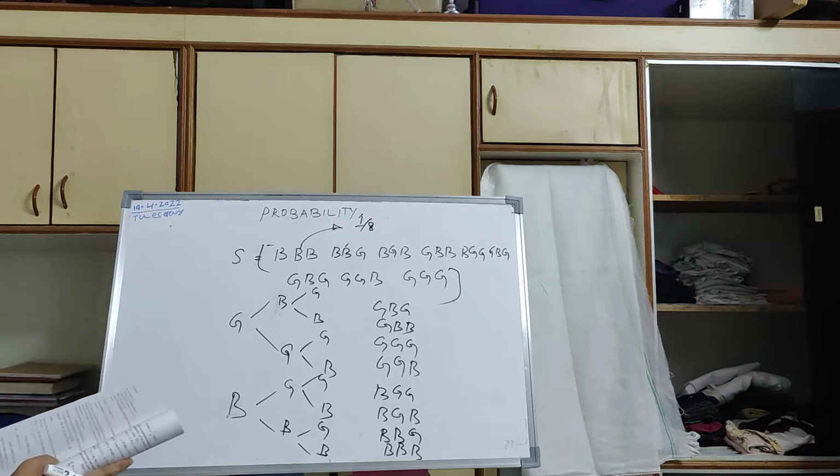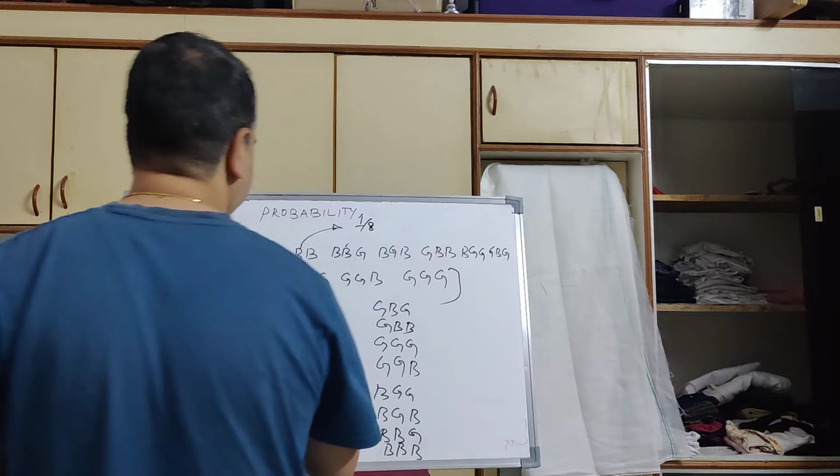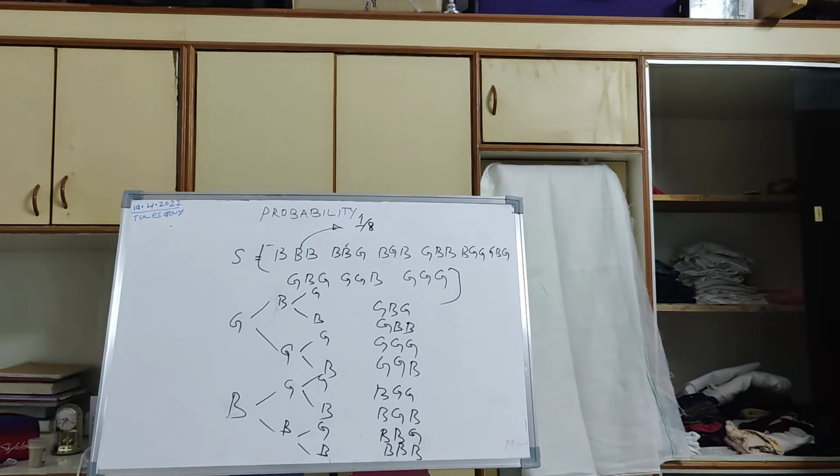So let event A be that there is exactly one defective pen. We want to find the probability of exactly one defective pen, where B stands for bad or defective. So where we have only a single B, that is exactly one defective.